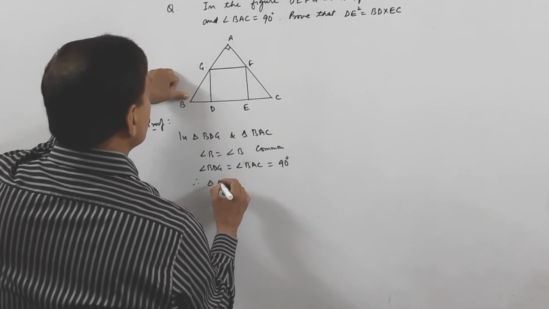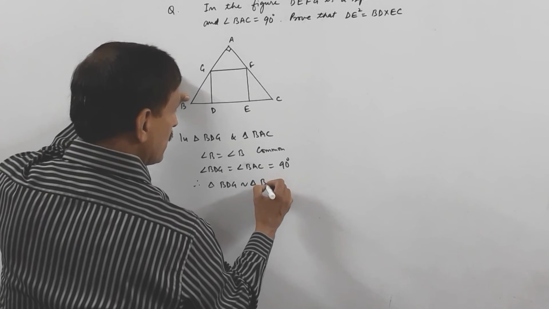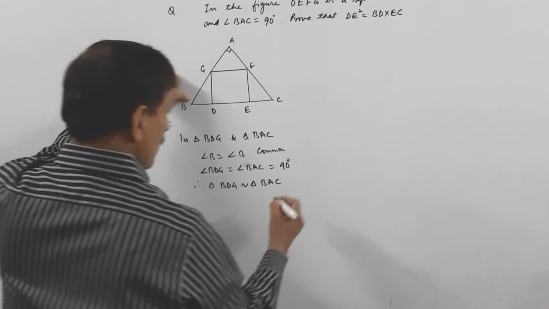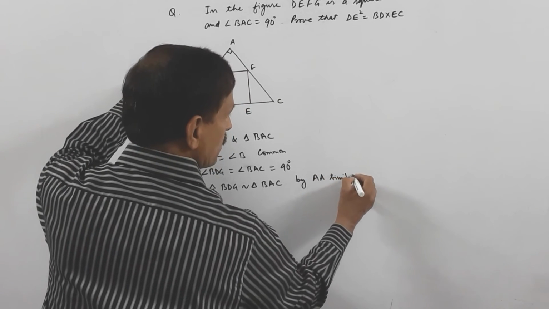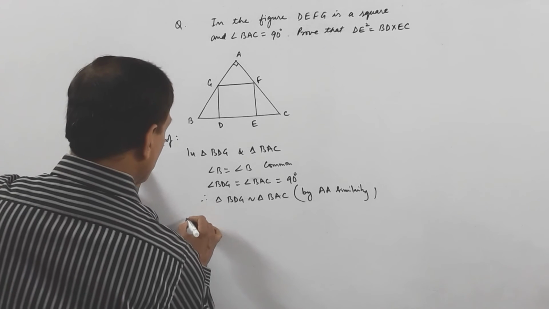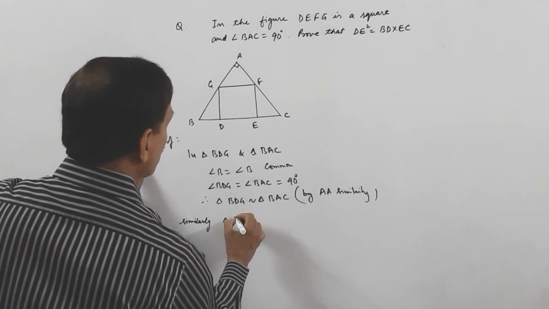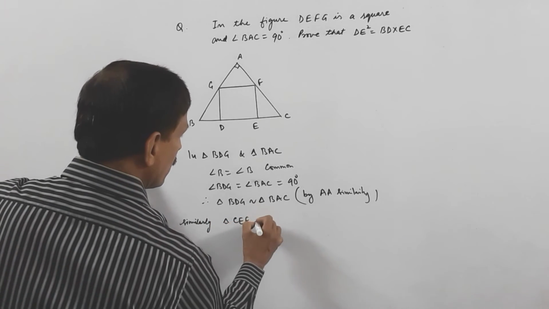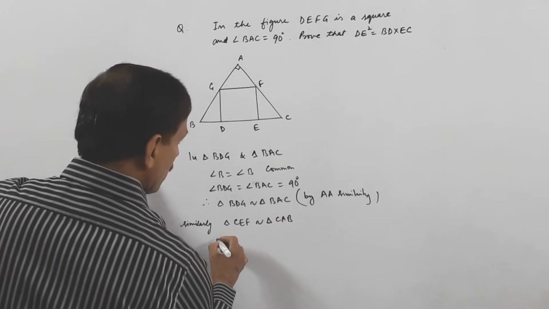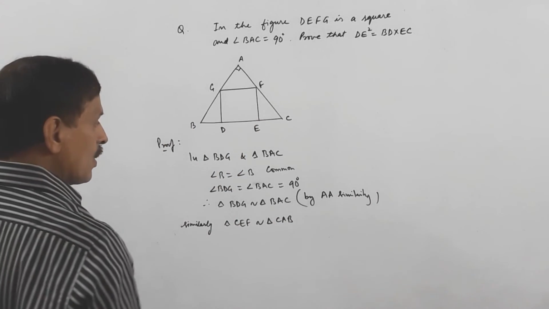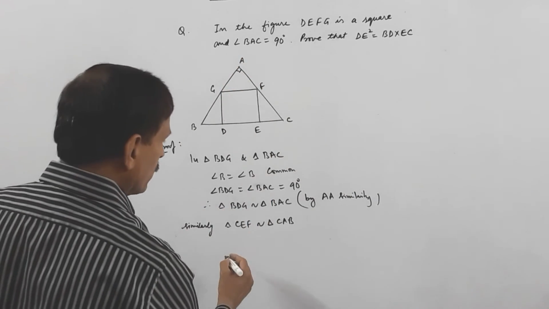Therefore, triangle BDG is similar to triangle BAC by AA similarity. Similarly, triangle CEF is similar to triangle CAB because both the triangles BDG and CEF are similar to this triangle.